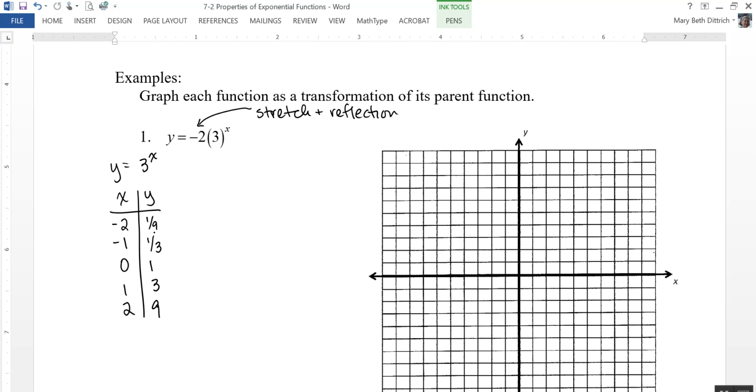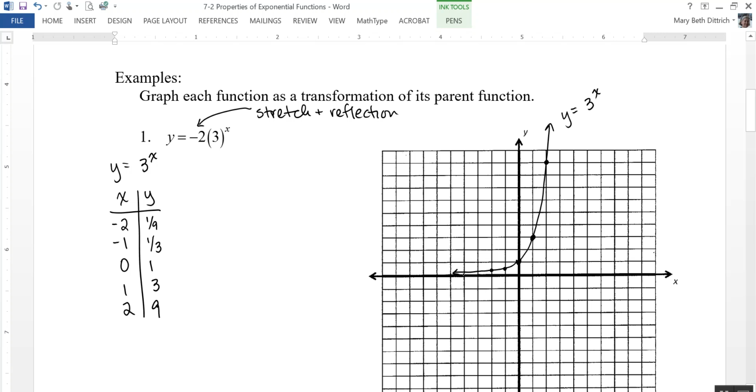Actually, let's go ahead and graph those points. So negative 2, 1/9, just kind of put it down there. Negative 1, 1/3. 0, 1. 1, 3. And 2, 9. So that's my parent, y equals 3 to the x.